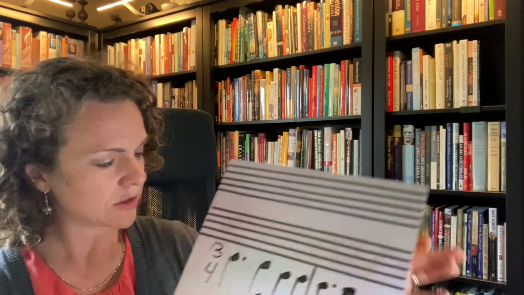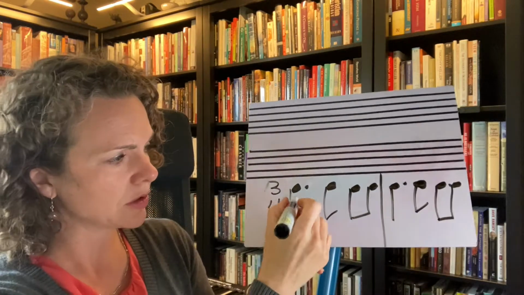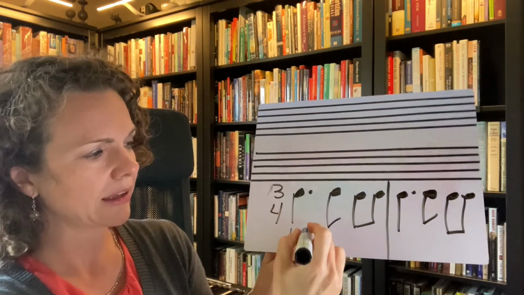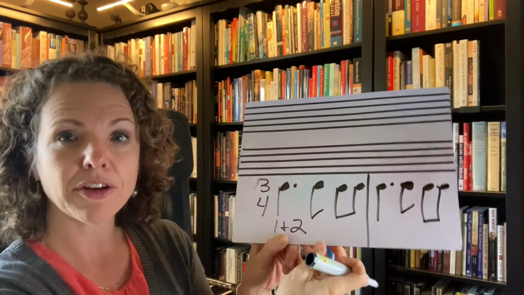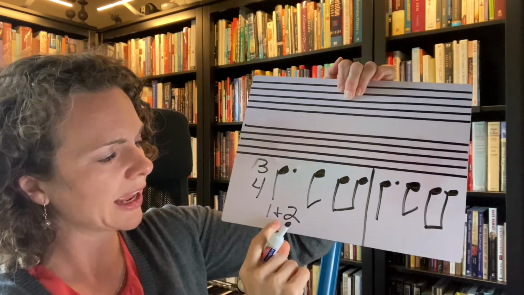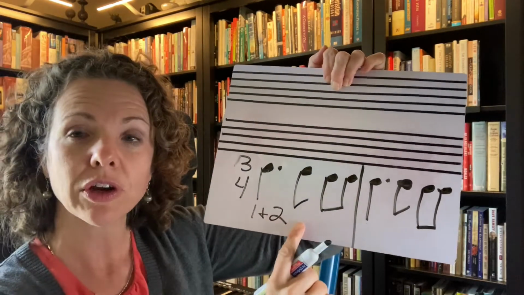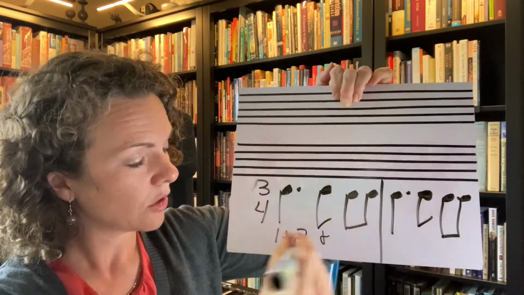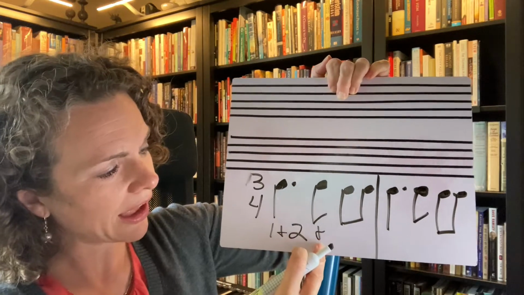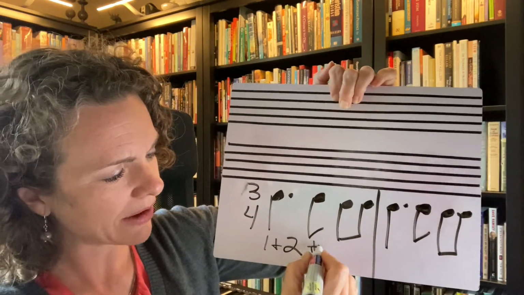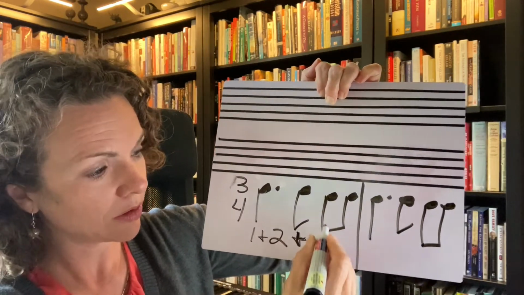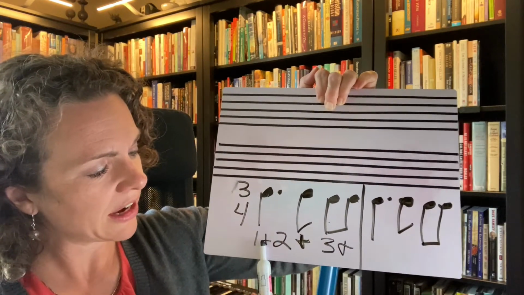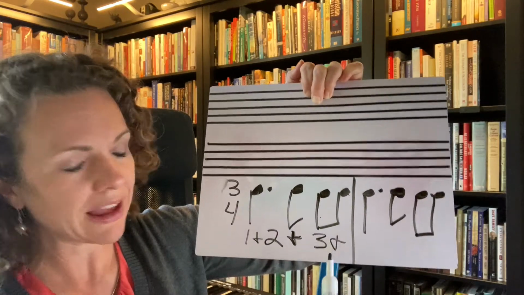Okay, so the very first note, the quarter note part gets 1 and, the dot gets 2, then under this first eighth note, 1 and 2, what do you say after 2 when you're counting eighth notes? You say and. 1 and 2 and. Then what number comes after the and of 2? This would be 3 and this would be and. 1 and 2 and 3 and.